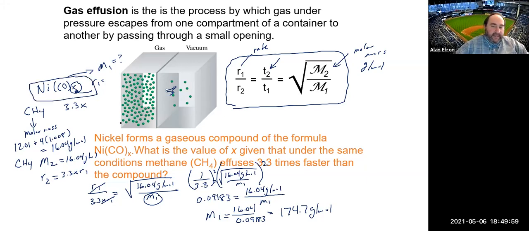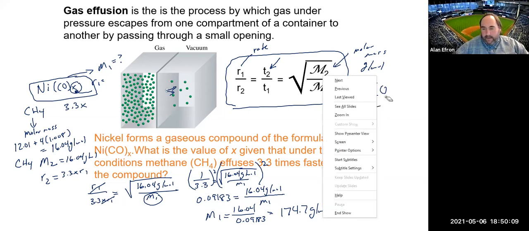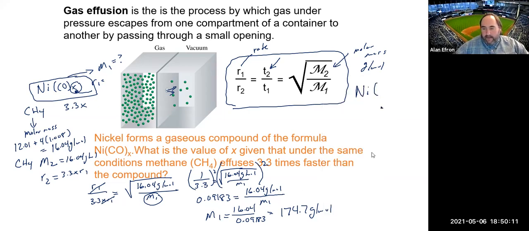Well, if we look at this formula, let's just take an accounting of this formula here. There we go. The one thing that we know for sure is we definitely have 1 nickel here.